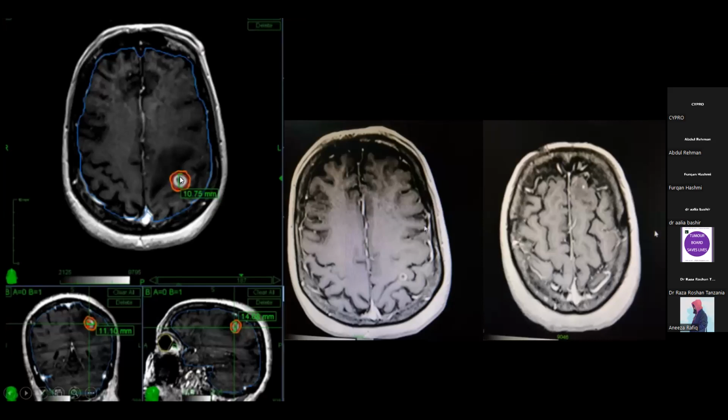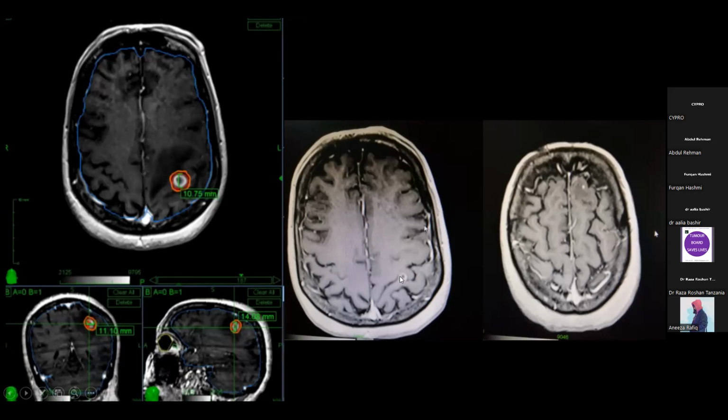One more example, a single focus lesion. We did radiosurgery here, and it was less than 2 cm, around 11 millimeter size. So I did a single fraction, 21 Gray. And after 6 months, the lesion was still here. It was an RCC met, so they are quite radioresistant.